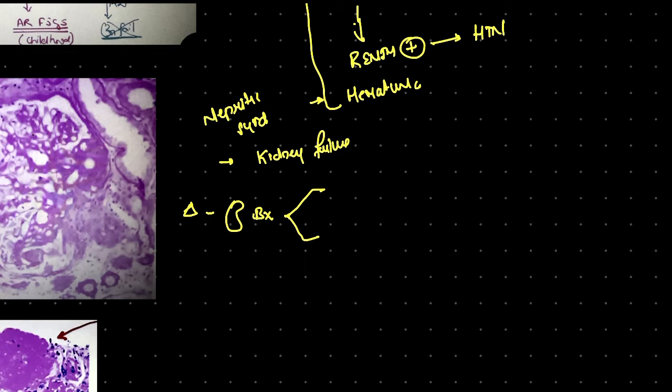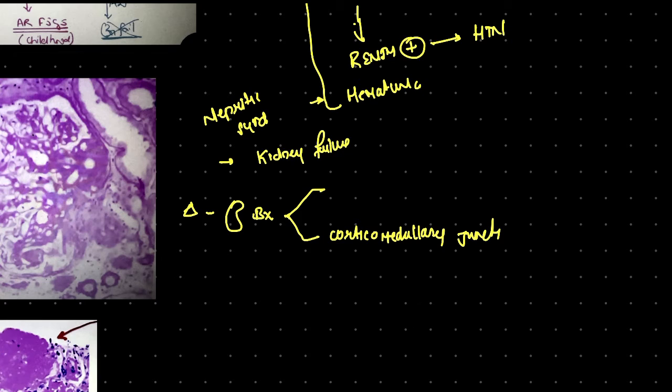For this, we need to know the part of the kidney where the glomeruli are affected maximally, and that is the corticomedullary junction.